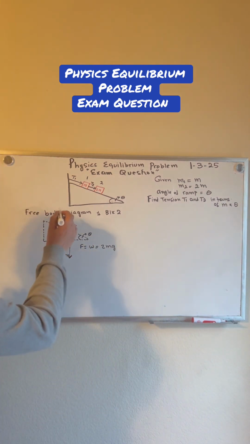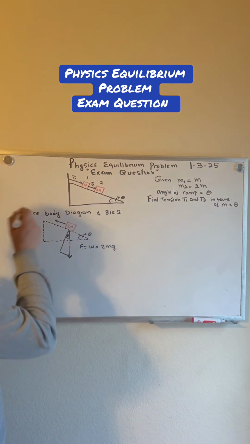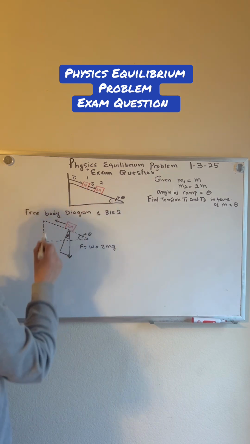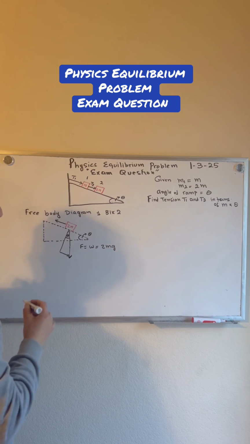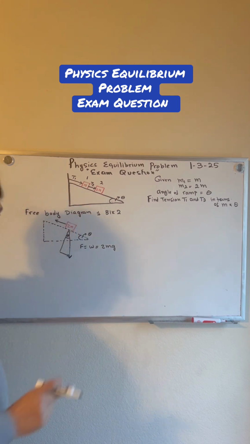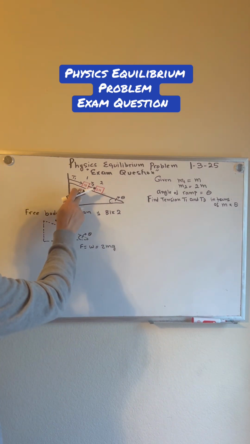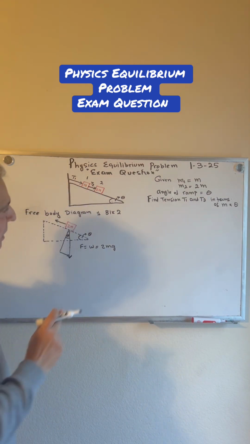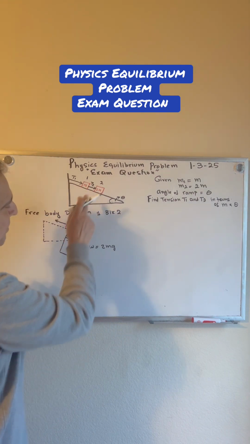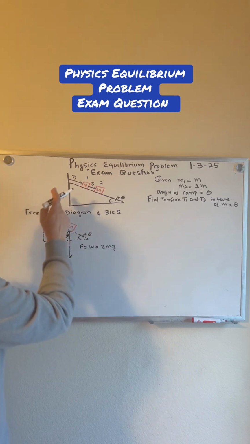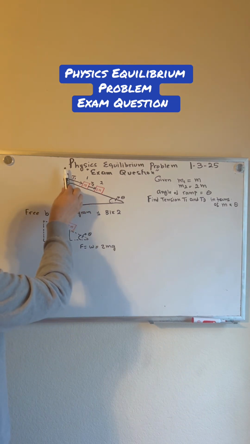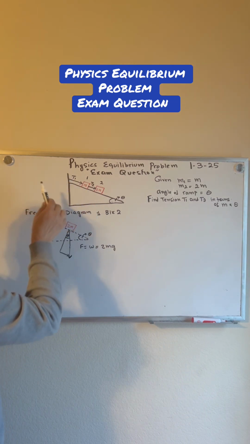So basically, just look at this. This is a ramp right here. This ramp has a certain angle, which is theta. Then you've got two bodies. One body has mass m, the other body has mass 2m, so twice the mass of this. And then we have a fixed point on the ramp right here.